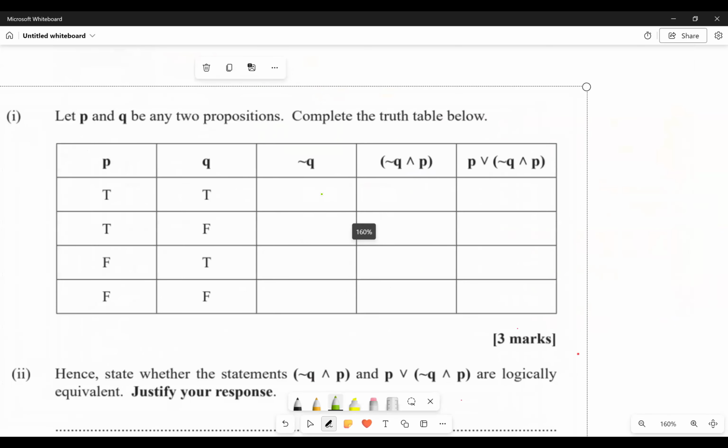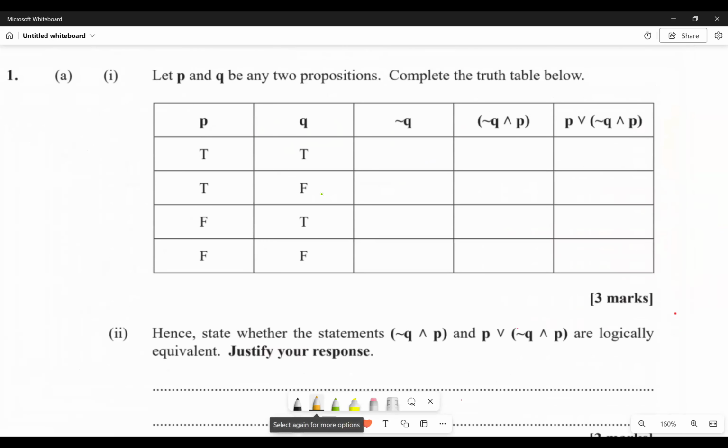All right. This symbol now is the not symbol. So it's saying not Q. So that becomes false, true, false, true. Now it says not Q, so this right here, and P right here.